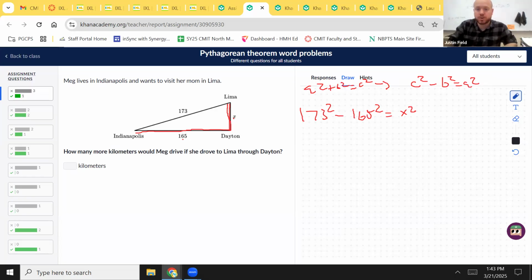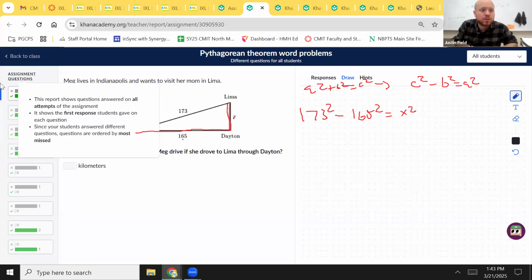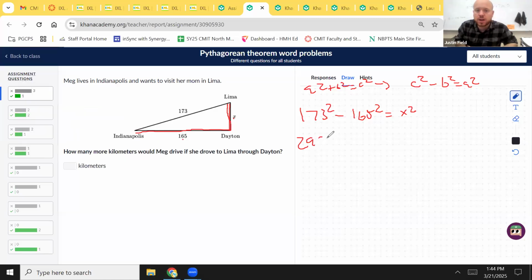So let's start. 173 squared is 29929. 165 squared is 27225.